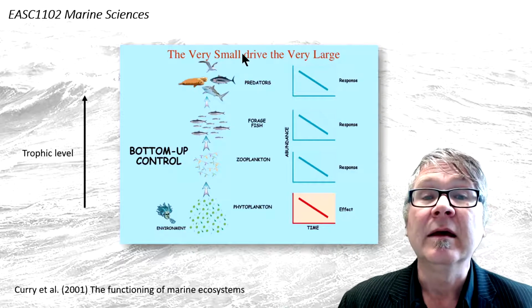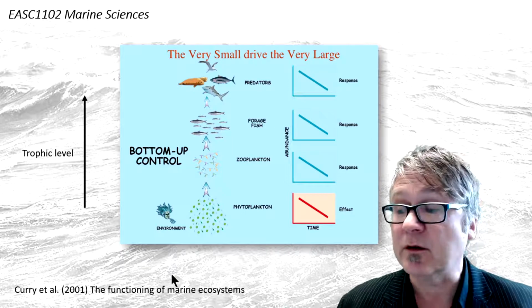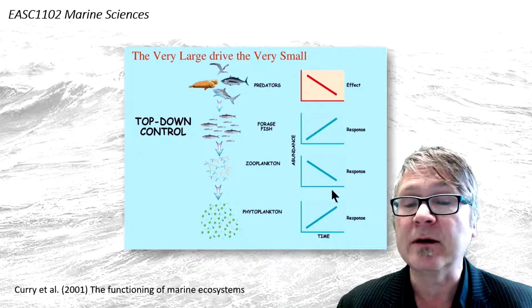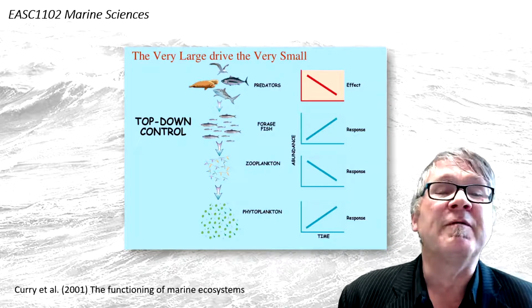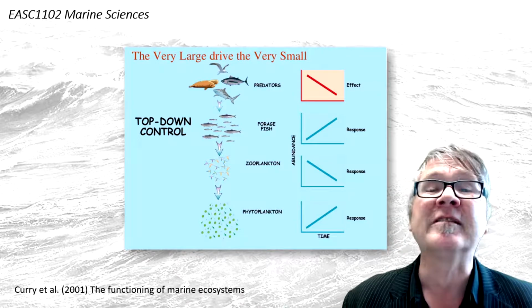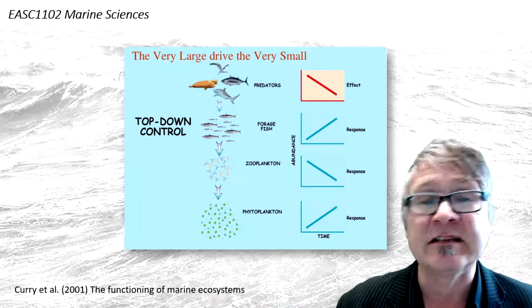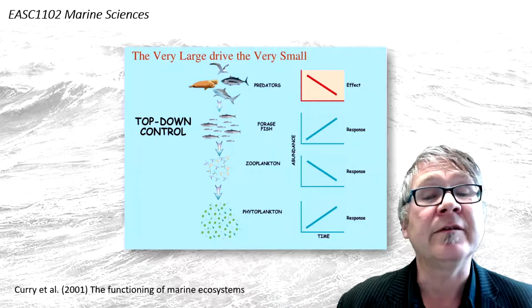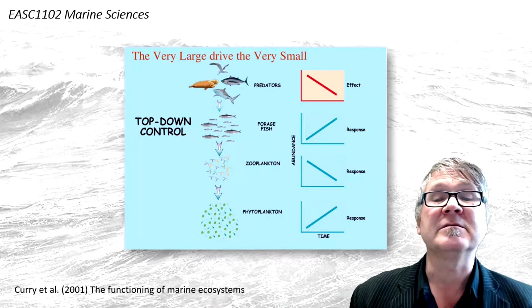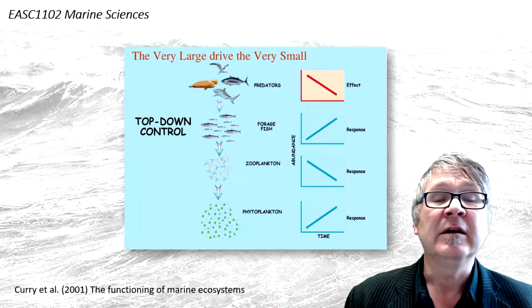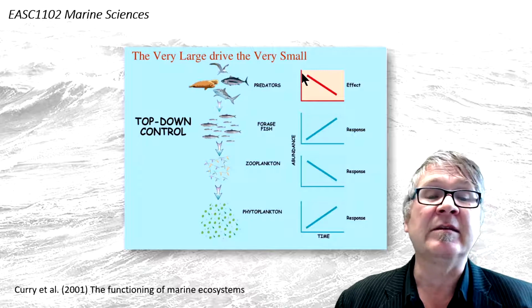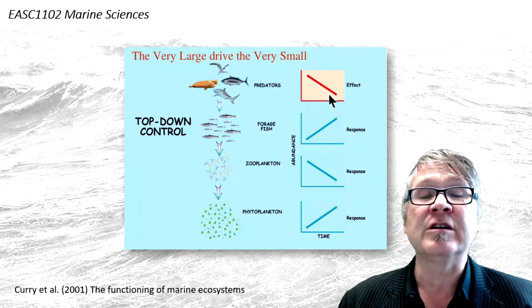Let's go straight to the next one, and this one is now one that I just discussed before. What happens if the number of predators is decimated? So you kill the predators, the sharks, the seals, and that's the initial effect that you have.